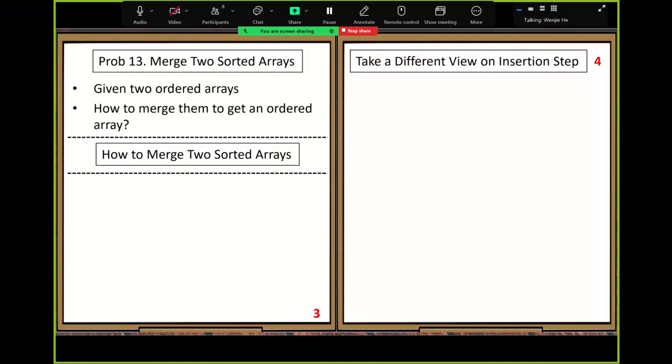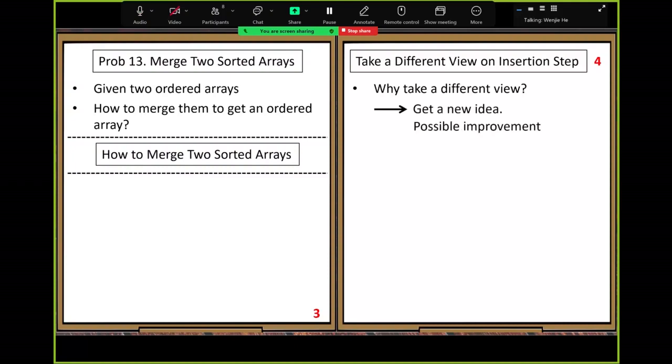When we look at the insertion step, we want to modify the view. Because if you use the original insertion operation, it won't work because our situation is different. You have to modify it. We have to make it a new version supporting merging two ordered arrays. That's a new problem.